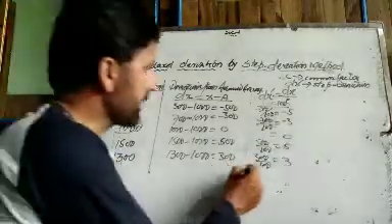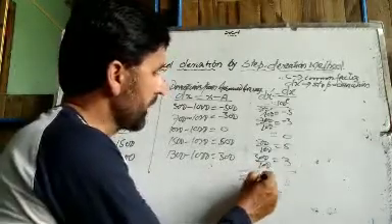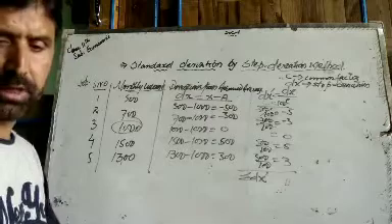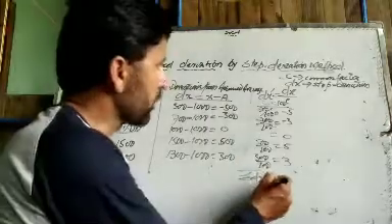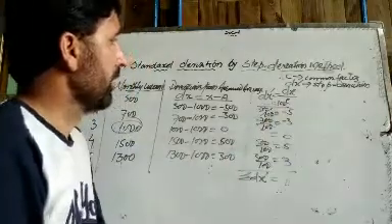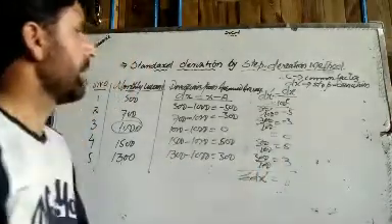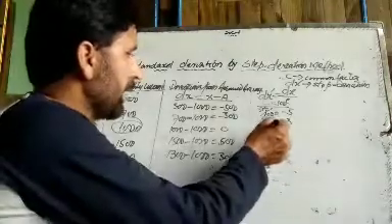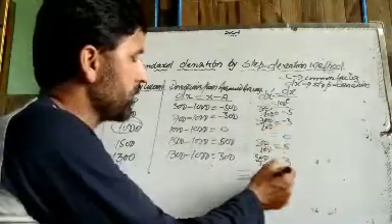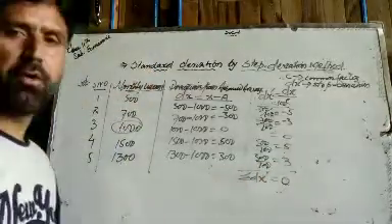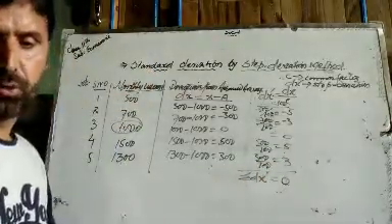So the summation of dx dash, or the summation of step deviation, is minus 5 minus 3 plus 5 plus 3, that is equal to 0.